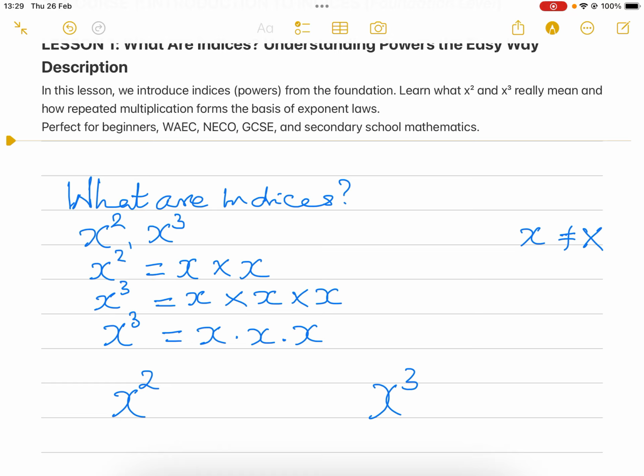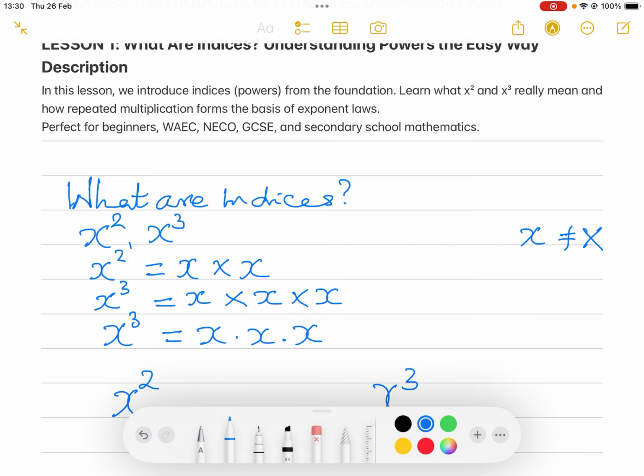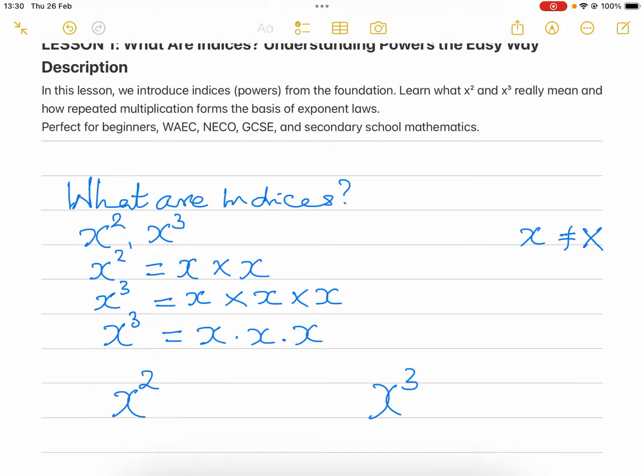So when we have x raised to power 2 or x raised to power 3, the small number at the top, let me use a different color of pen to show that, is referred to as index or power.